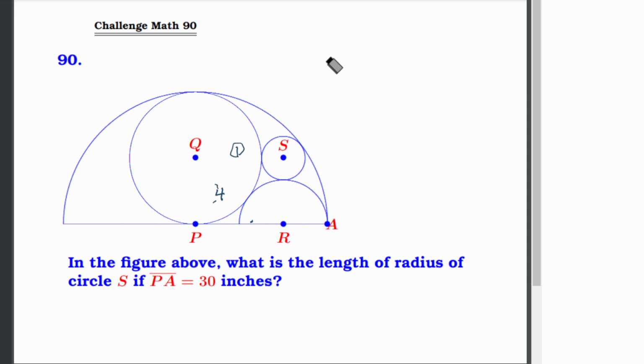And what to do? You remember this graph. Here the center of the greatest circle is P, and the center of the second greatest circle is Q, and then R and S like that. Then, what kind of equation can you make?